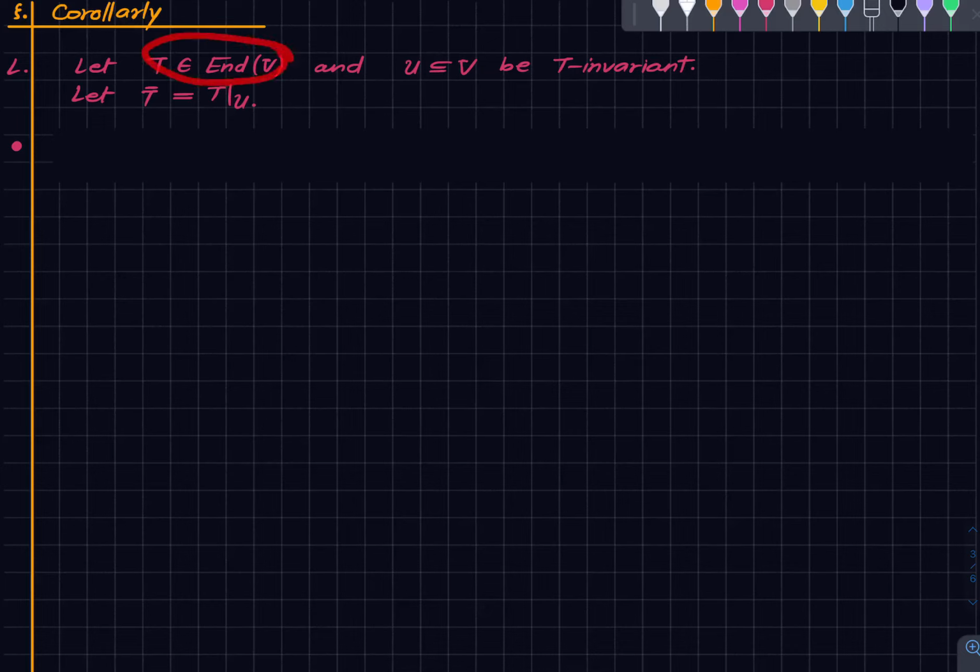So fix an endomorphism T on a vector space V, and suppose U is some T invariant subspace, and let T bar be the induced endomorphism on the quotient.